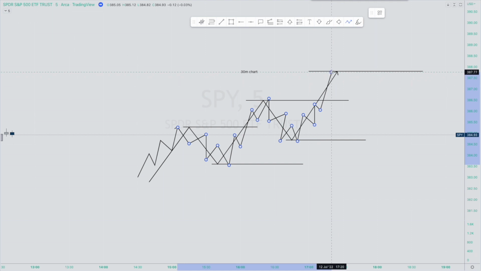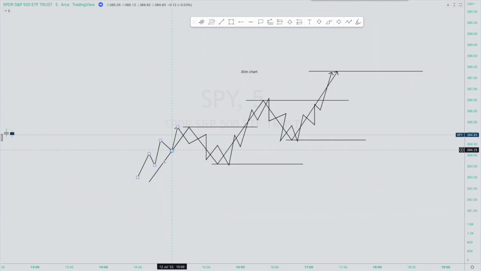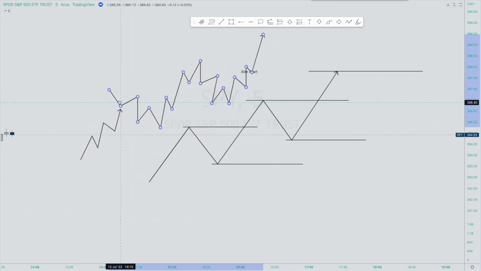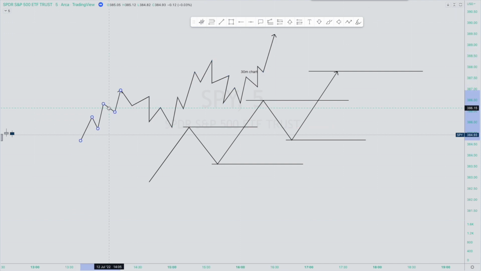Now it's never as beautiful. But as you can see, your 5-minute chart could look something like this.